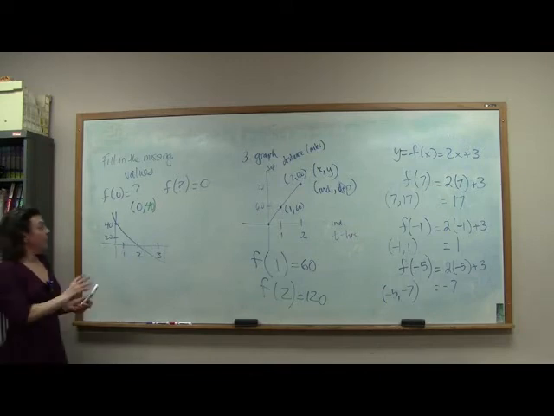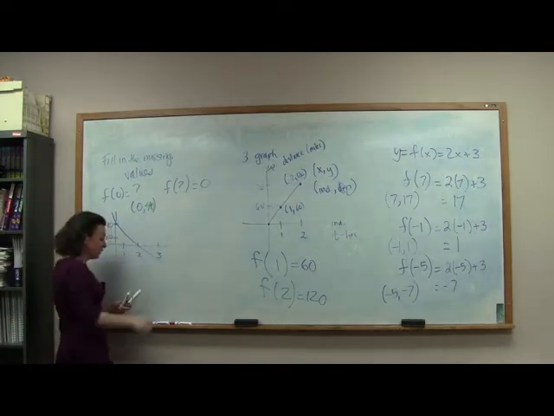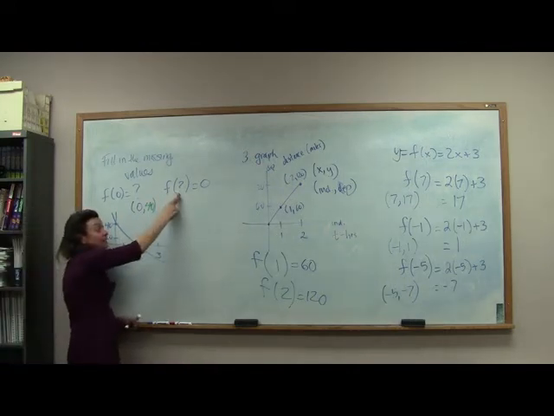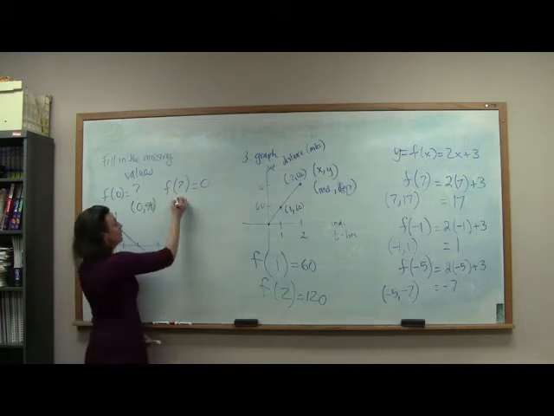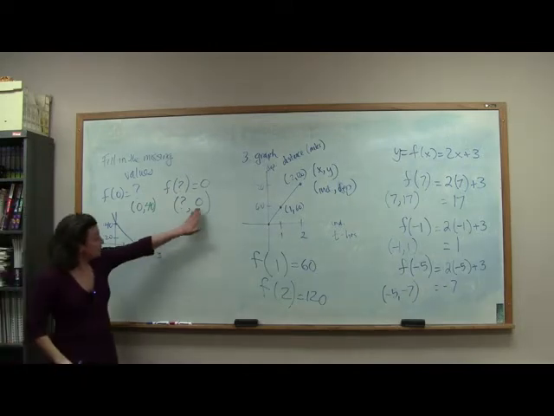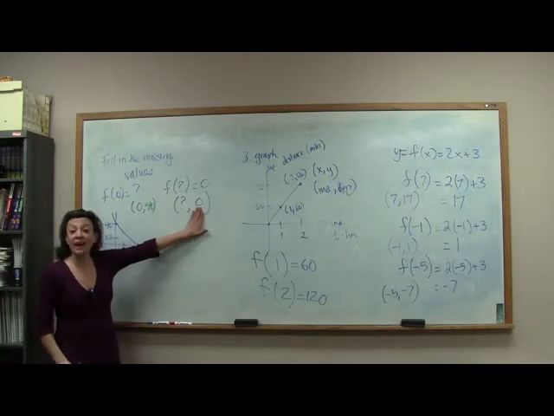Okay? Now, what's written here is different. Now I'm asking what independent variable takes me to 0. Well, again, if I was going to write this as an ordered pair, this is how it would look. Notice now I have that my y value or my function value is 0.